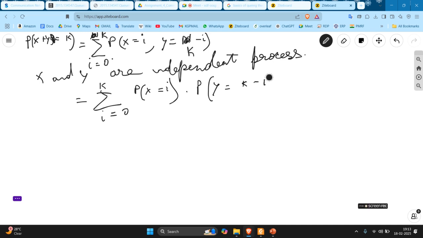Now, since they are distributed as Poisson, we just put in the values of the Poisson distribution.